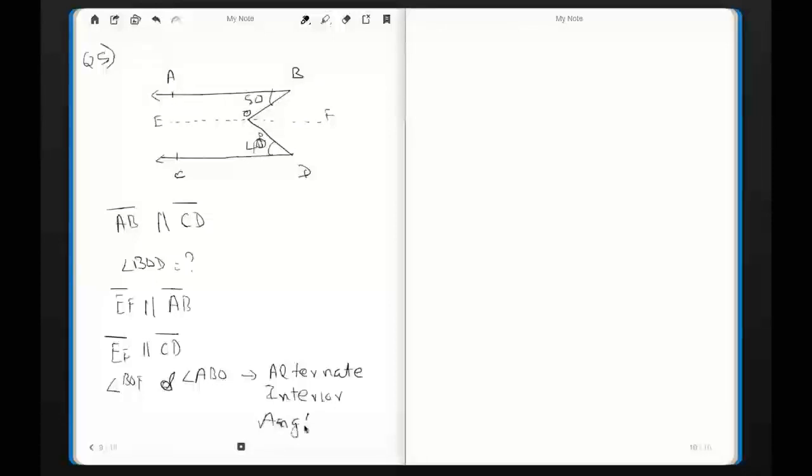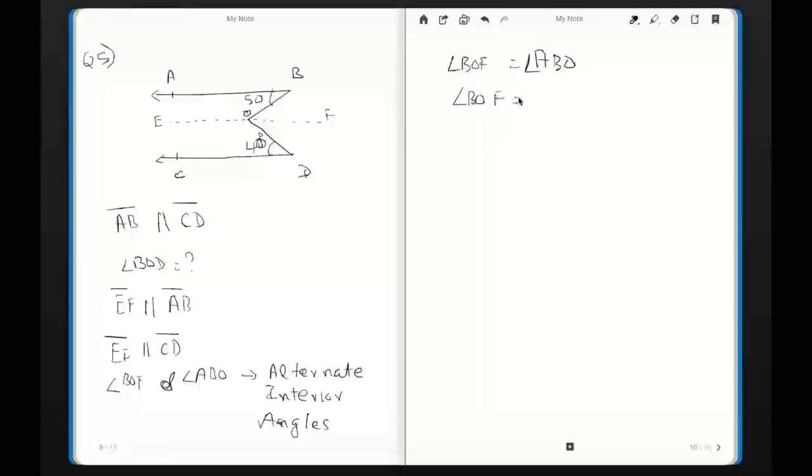They are. So we can say that angle BOF is equal to angle ABO, which means angle BOF is equal to 50 degrees.